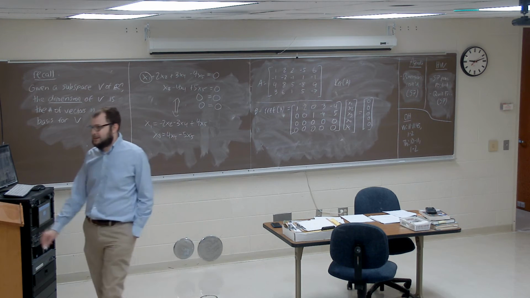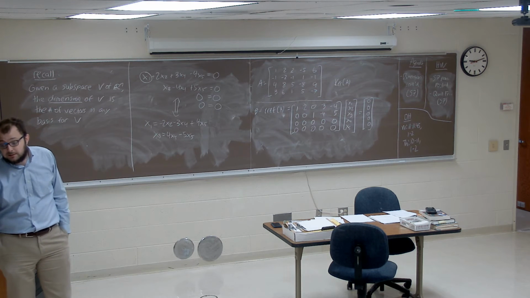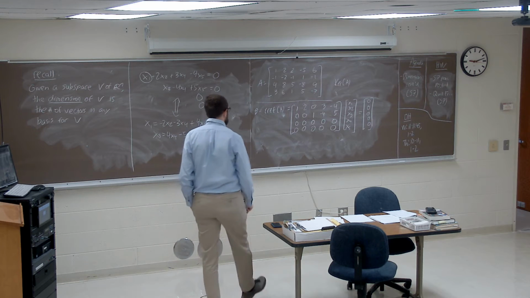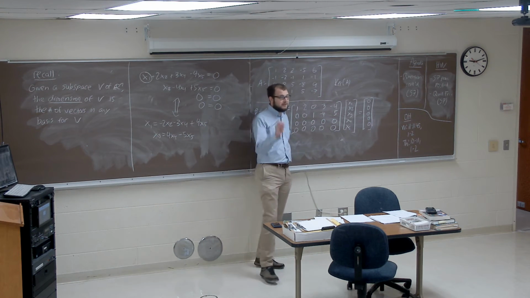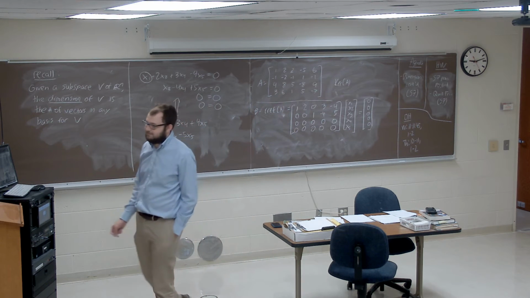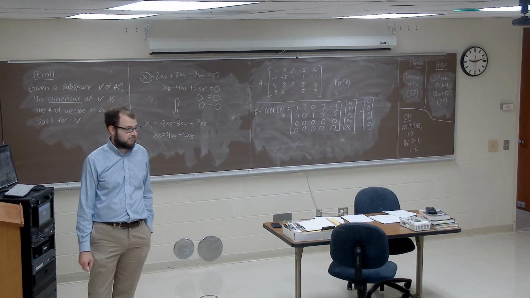3. It's 3 because there are, count them, 1, 2, and 3 vectors in there. Yes, Henry? So, does that imply that there are other sets of 3 vectors that form a basis for the kernel?